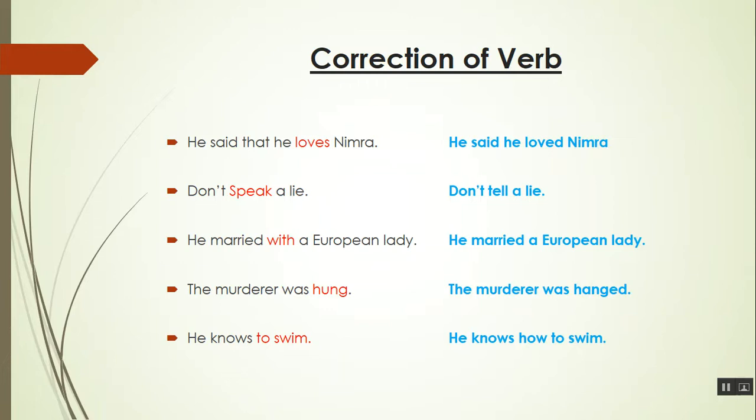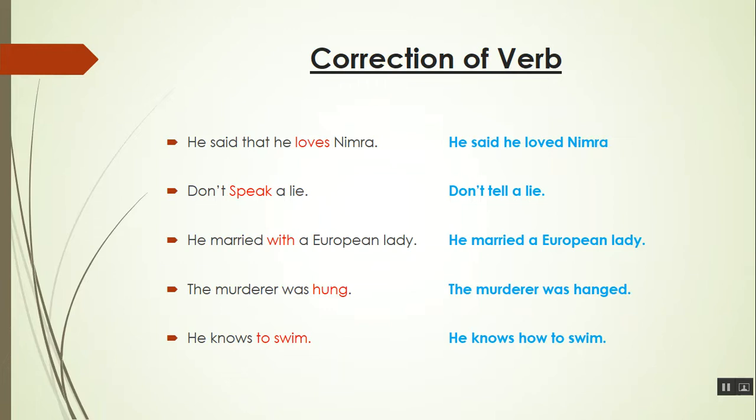Don't speak a lie. This sentence is an imperative sentence. Imperative sentences are those in which we give a command, advise, or suggest something to someone, and they always start with a verb, or don't, or please, or kindly. So the right answer is: don't tell a lie, because speak is natural.